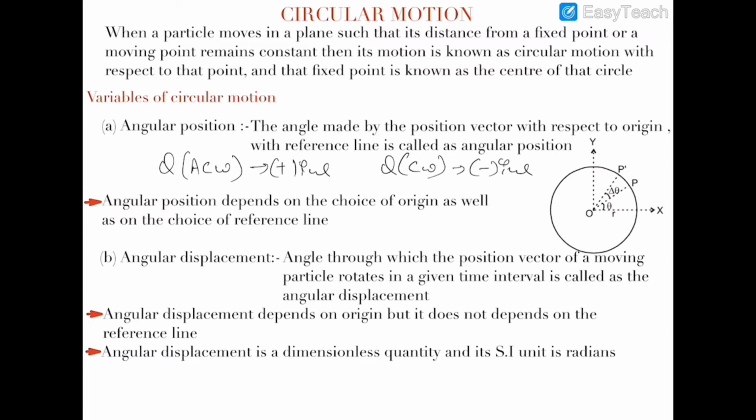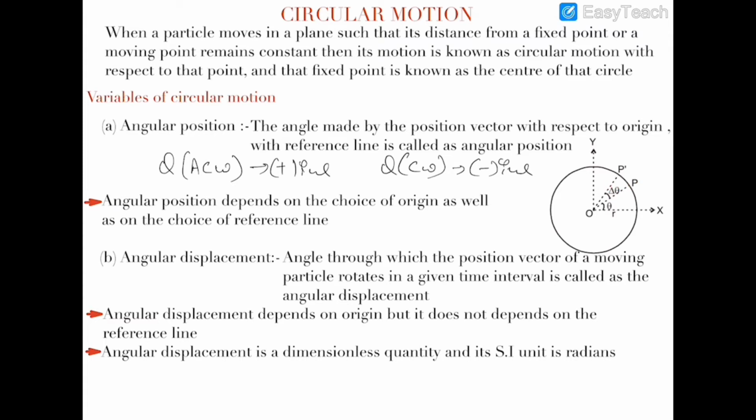Now this angular displacement depends on the origin, but it does not depend on the reference line. Obviously if the origin is shifted to this point, the angular displacement will be somewhat different. But if the y-axis were the reference line, and the particle moved from P to P dash, the angular displacement would still be delta theta.